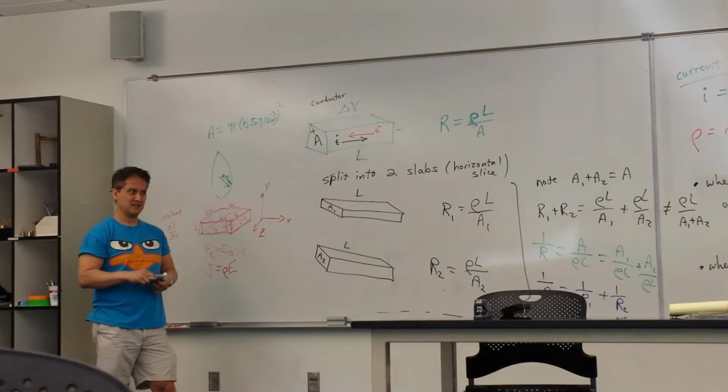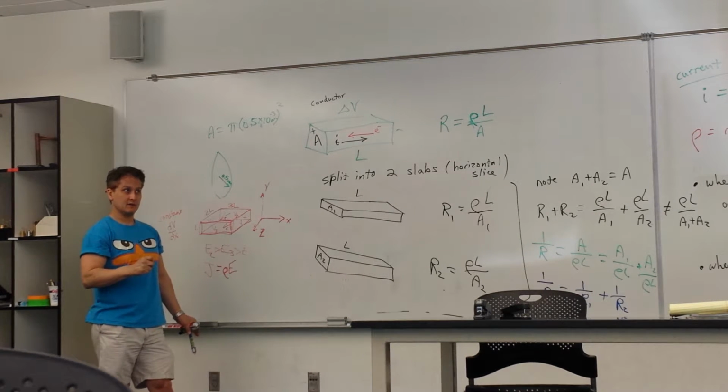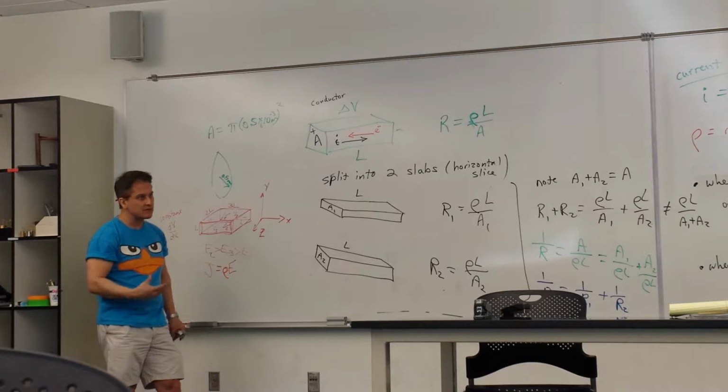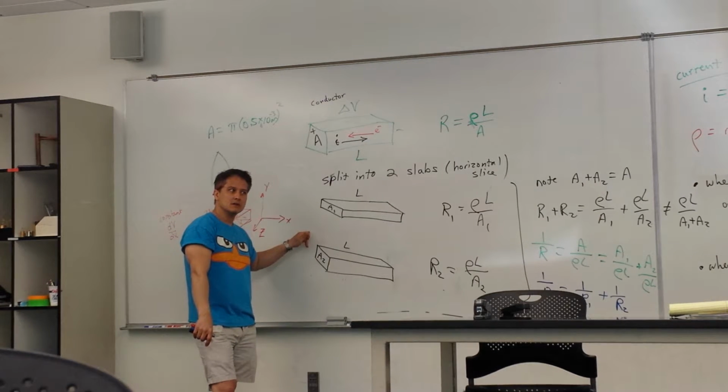Counterintuitive. This may harken to equivalent resistance with parallel connected circuit elements, resistors. Note how organic it is. You can think about it in 15 different ways. But the easiest way to think about it is just cut the thing in half and look at how the resistances ought to be.